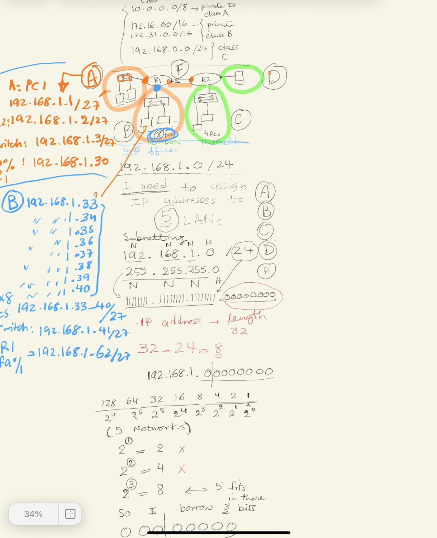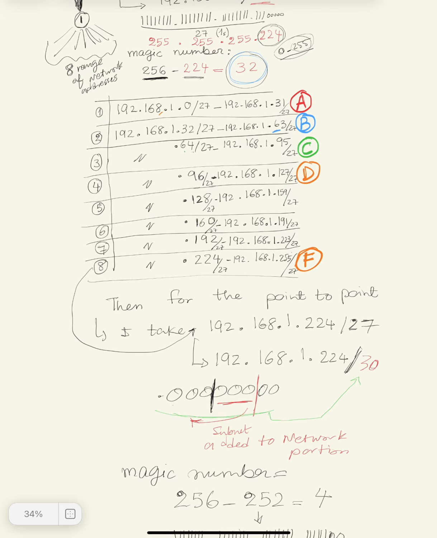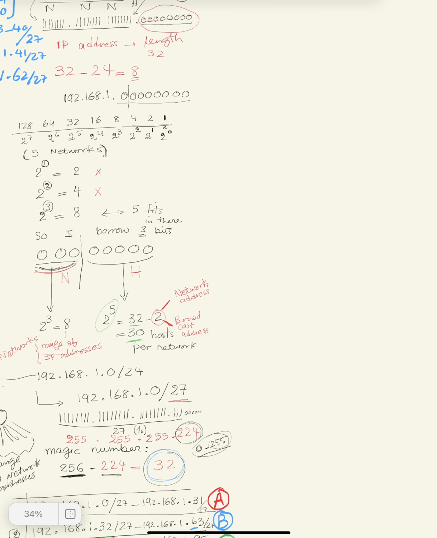And now for network C, let's change the color. I have 4 PCs, so I'm going to take this range from 64, 192.168.1.64.